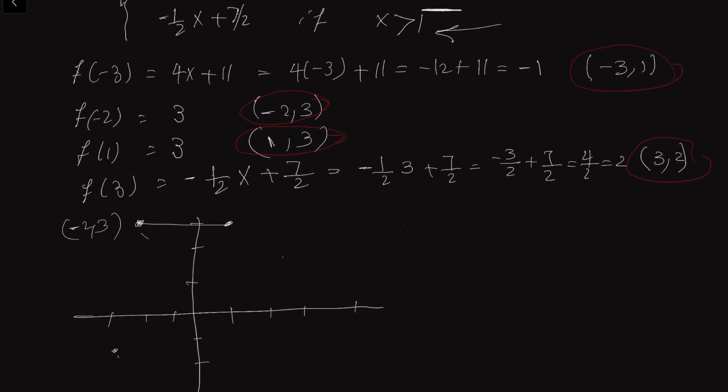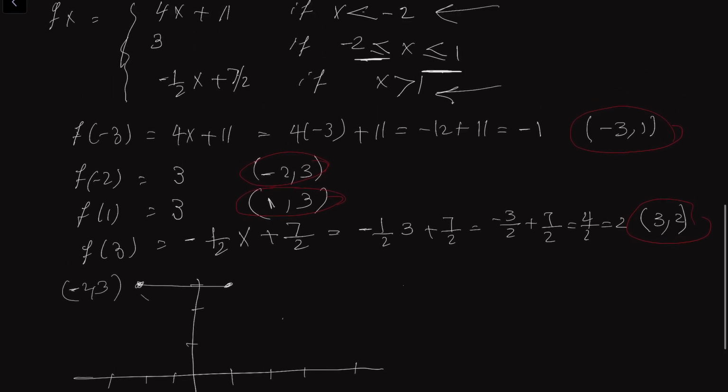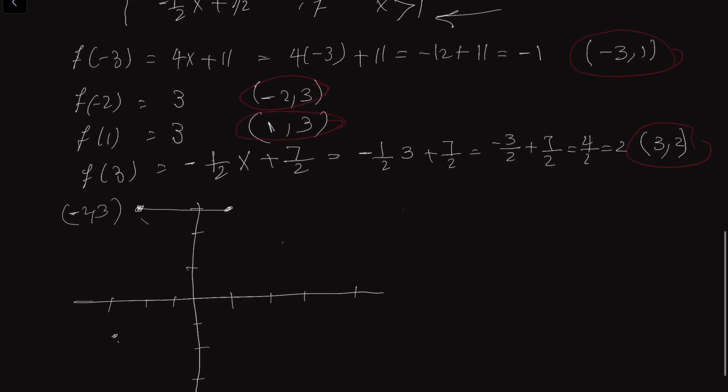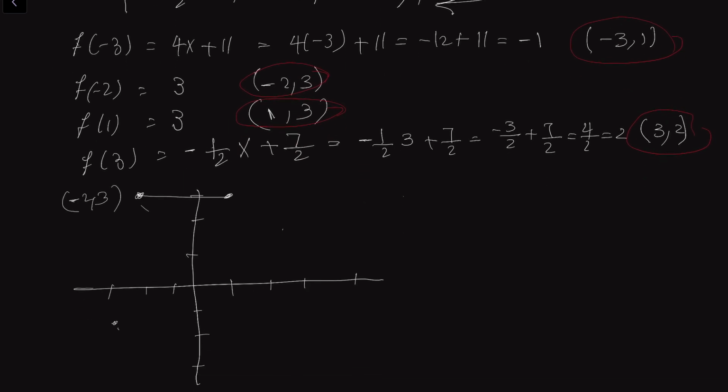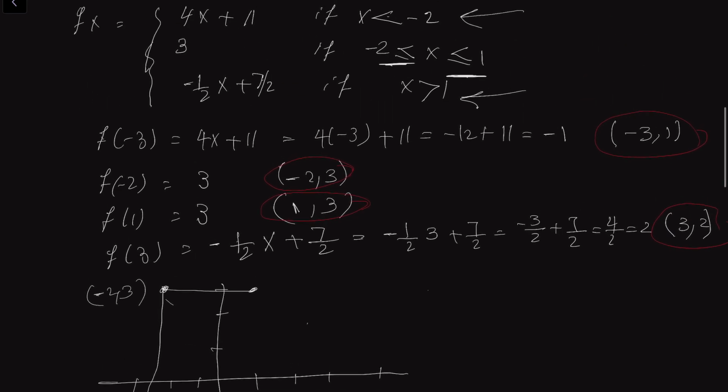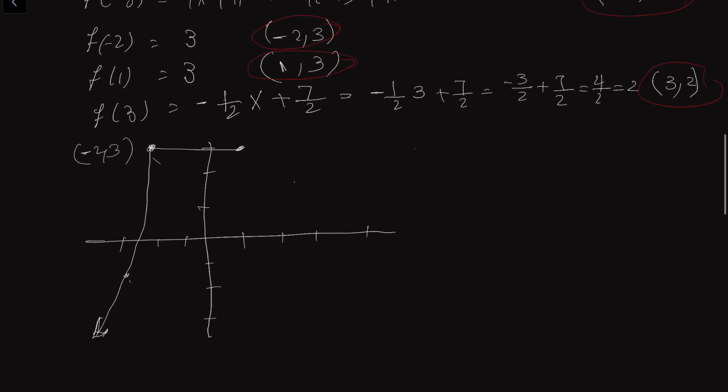So then, if we check the value here, it said x is less than -2. So this basically is going to be an arrow. And then x is greater than 1 at this point. It's going to be, this is x, this is y. Arrow here, right?